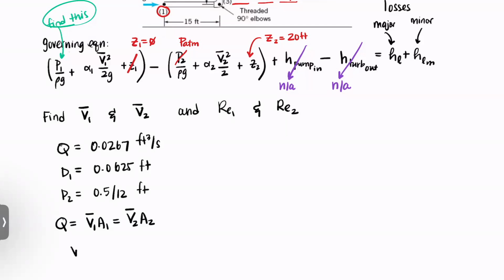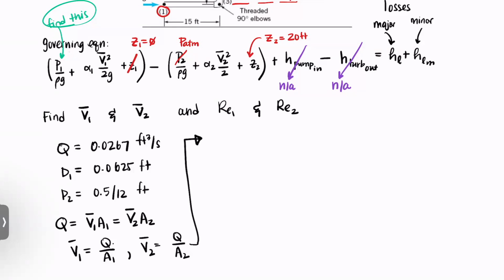All right, so this means that V1 is equal to Q divided by A1, and V2 is equal to Q divided by A2. Okay. All right, so let's do that.